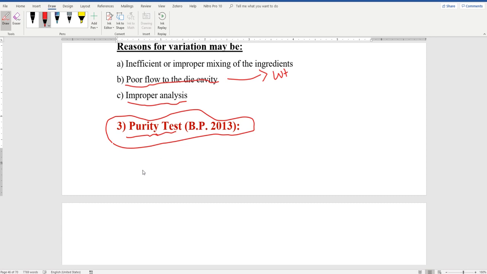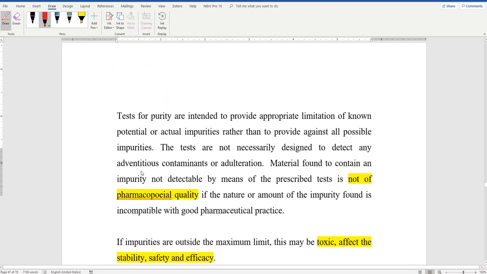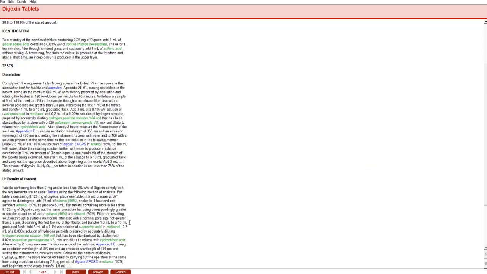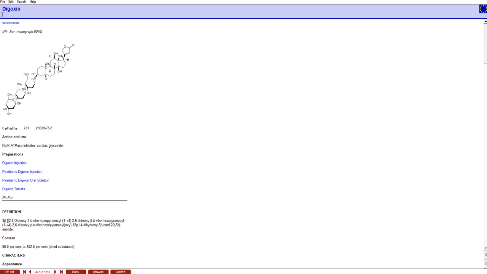Now you need to make sure that they are within the limits of the pharmacopoeia. You go and analyze according to the requirements of the pharmacopoeia. I will show you, for example, let's go back to digoxin. This is digoxin.